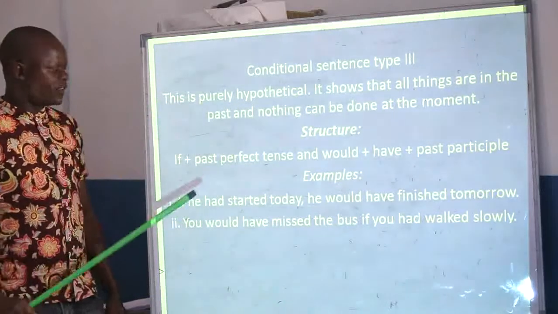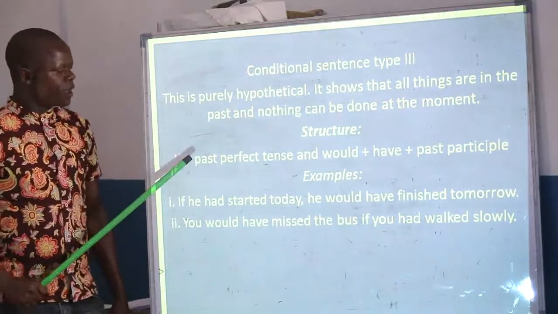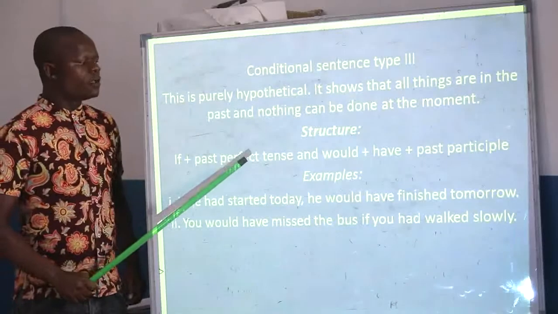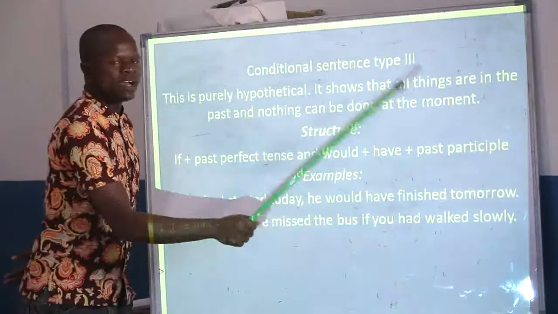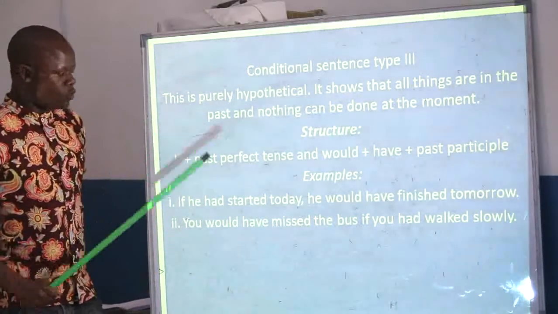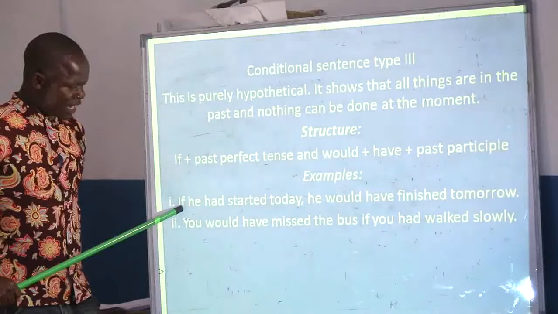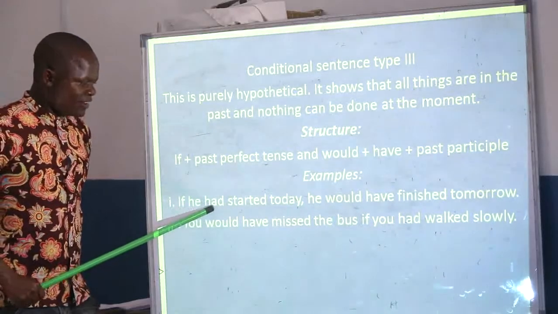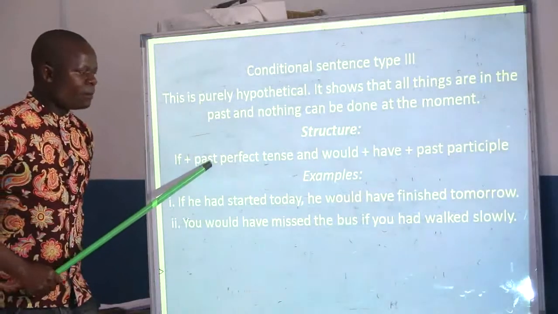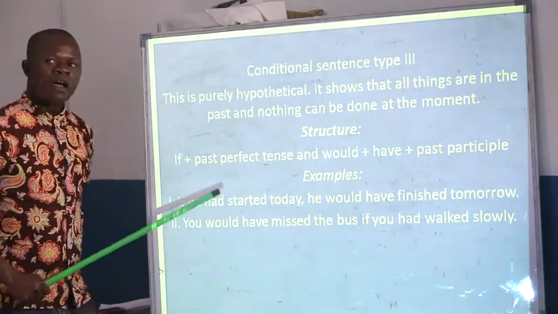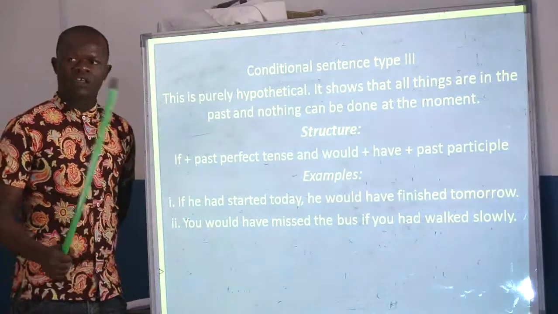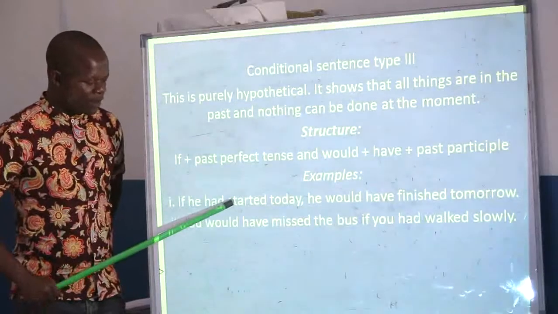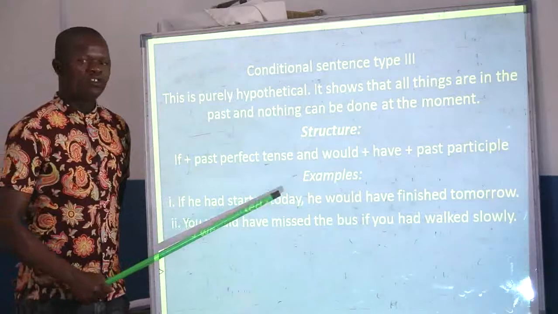For example, you can see the structure. I use if plus past perfect tense and would plus have plus past participle. What do we mean? Look at this. If is this one here. Had is what makes the past perfect. And you know very well, once we have used had, the verb must change into past participle form. And that is why you can see started today.